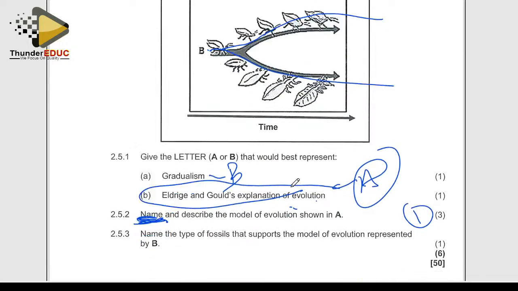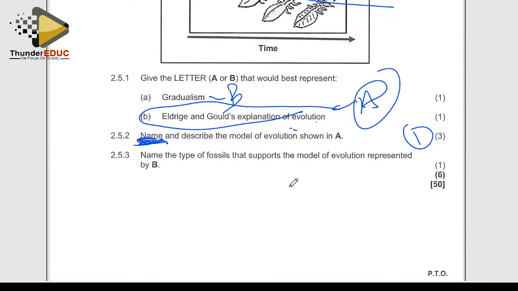Name and describe. Name the type of fossil that supports the model of evolution in B. So in B, that is gradualism. Basically here we use fossil records, the skulls and stuff. We can talk about body fossils. I know there are body fossils, molecular fossils, trace fossils, carbon fossils, and we call them pseudo fossils. They are not fossils, but they look like fossils. But in this case, we use those remains which we are able to see, like the skulls.